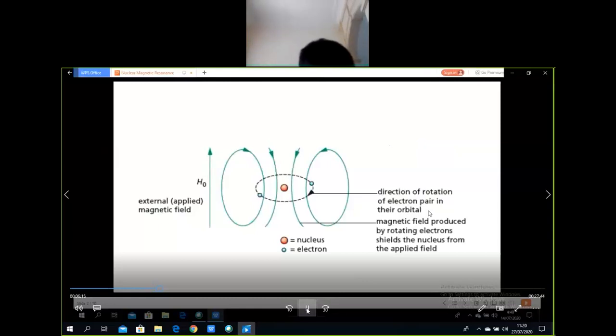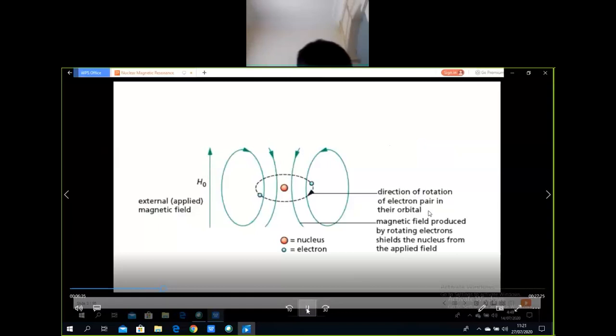Magnetic resonance would be of very little value in chemical analysis if all hydrogen atoms absorbed at the same frequency of radiation. The electron cloud around the hydrogen atoms partially screens the nucleus from the external magnetic field through the diamagnetic effect.